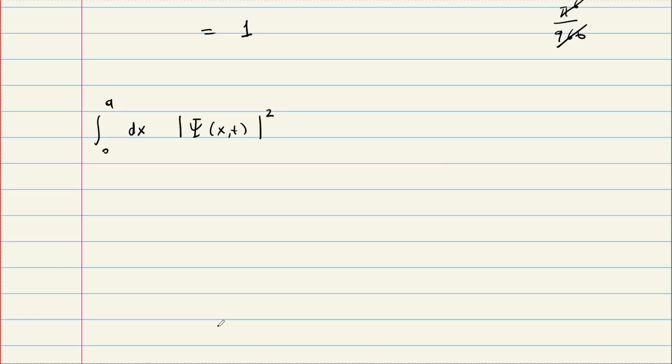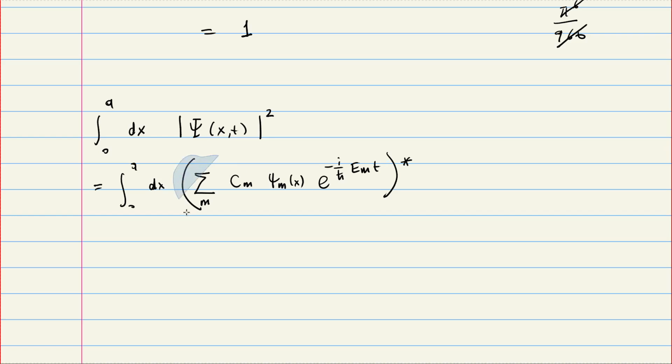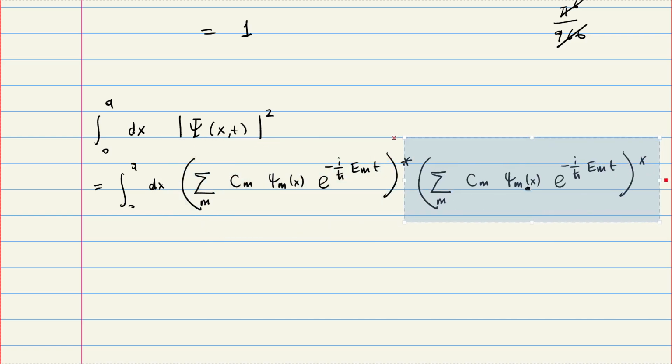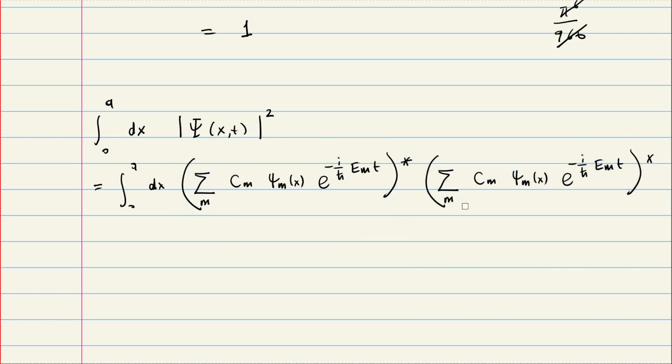So right now you don't have any objection to that, right? So this thing is from 0 to a dx. So let me use m for this. Cm psi m of x e to the minus i over h bar Em t, the entire thing complex conjugated, times exactly the same thing, but not to mix up the indices, I have to use another index here.